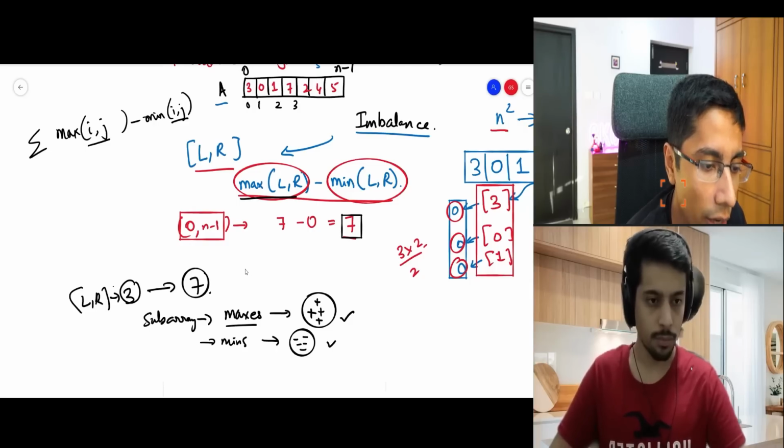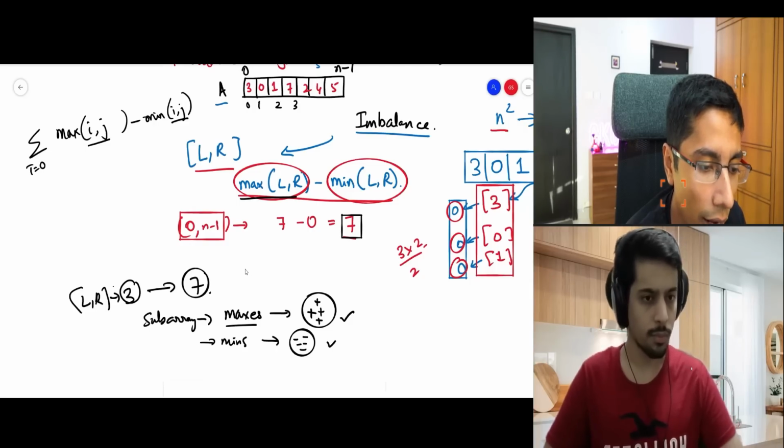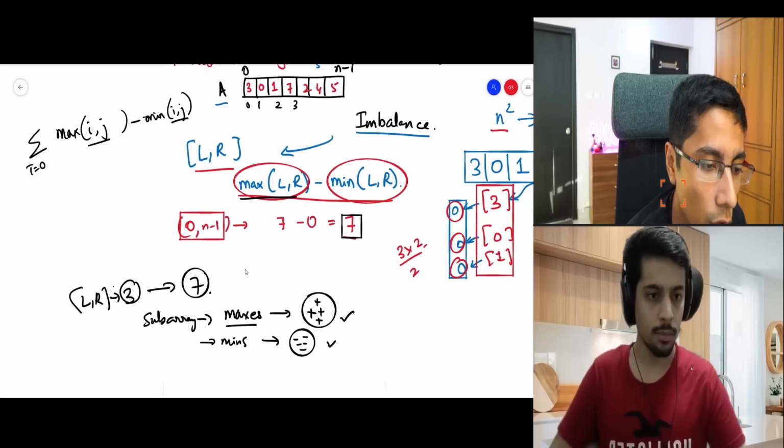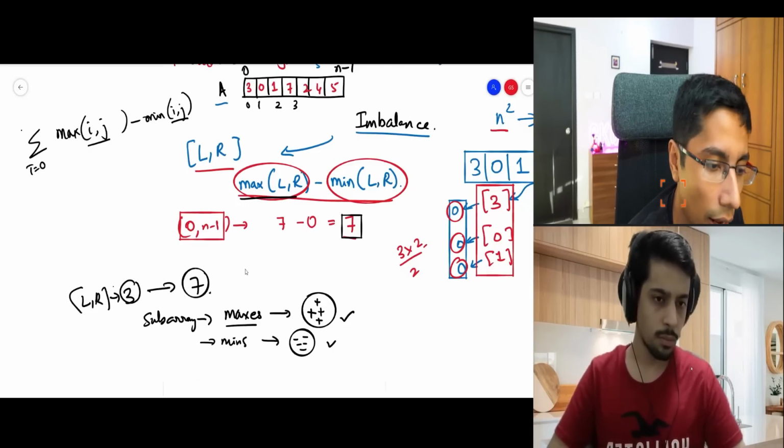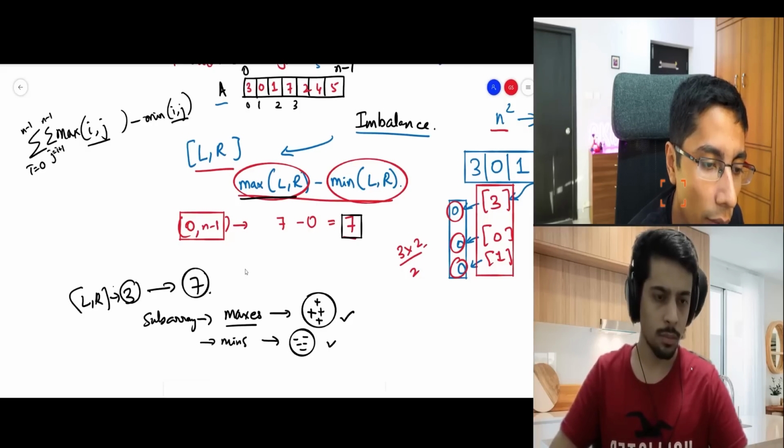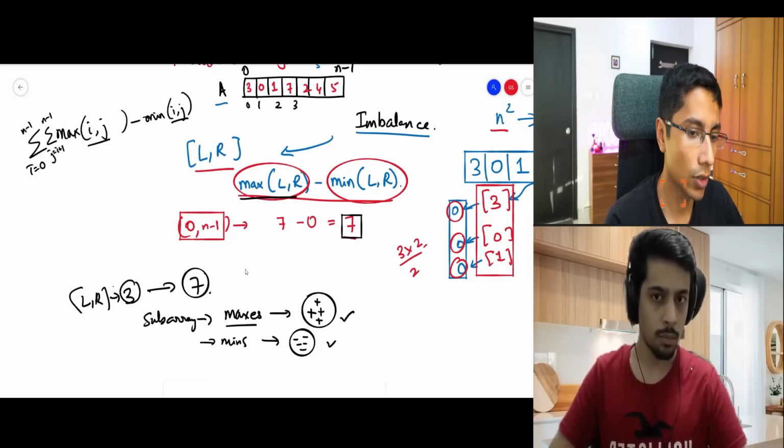So we are taking a sum of all of them from i equal to 0 to n minus 1, and then we are also doing inner summation j equal to i plus 1 to n minus 1. This is the thing, right? Yeah. Perfect.